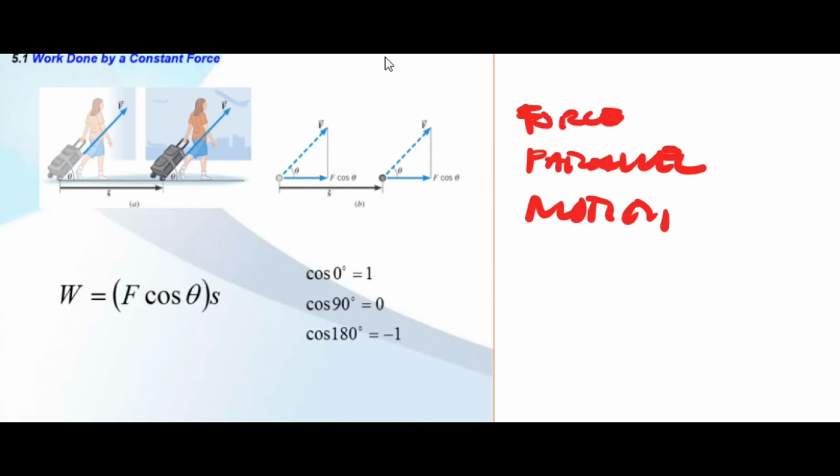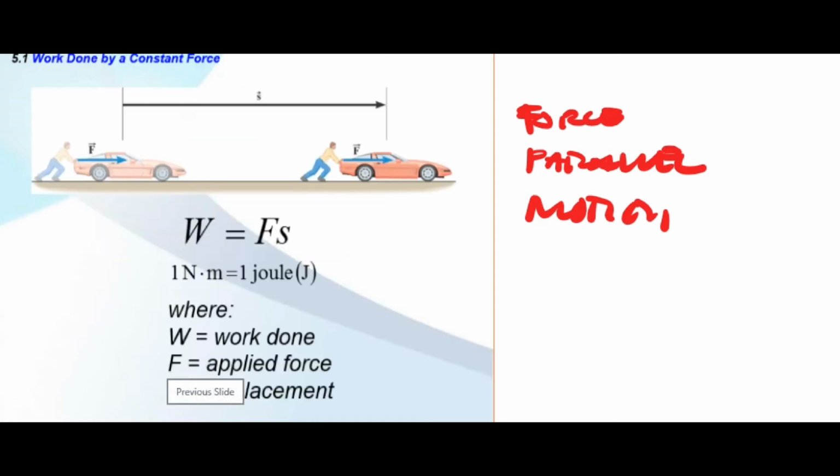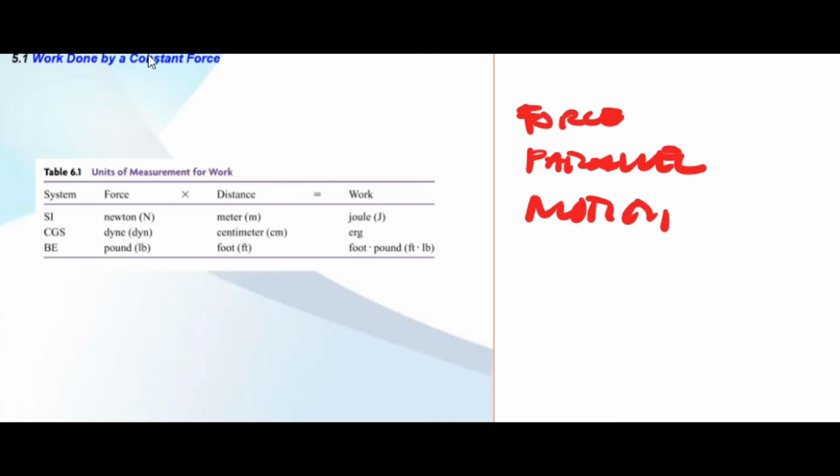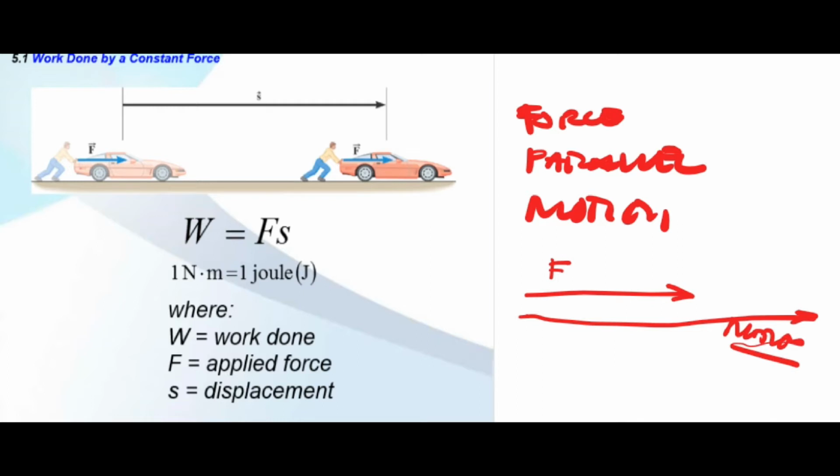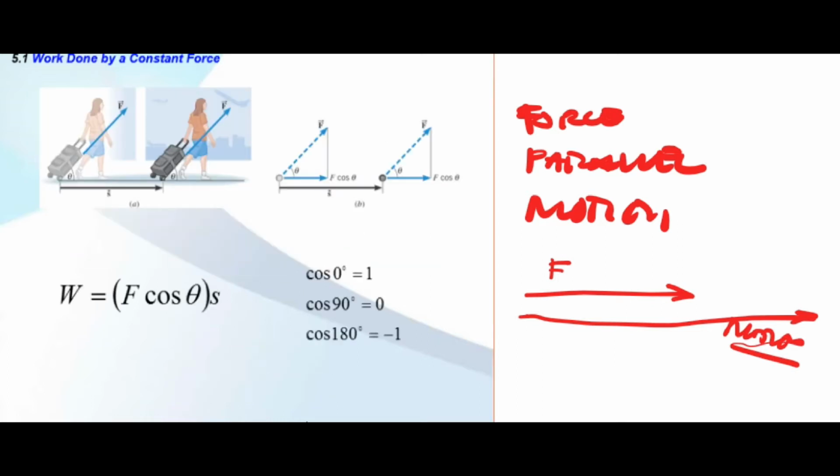So just like earlier, when you look at the car, the force is parallel to the motion. If this is the force being applied, then the motion is parallel. Now, in this example, the force is not parallel to the motion.